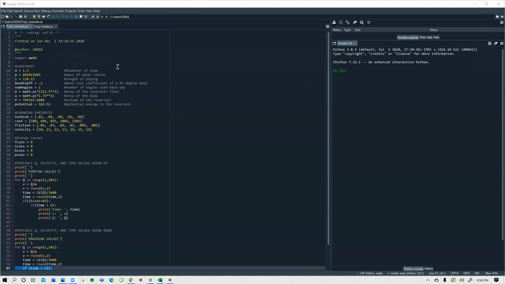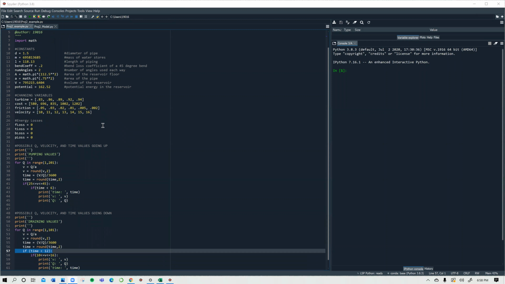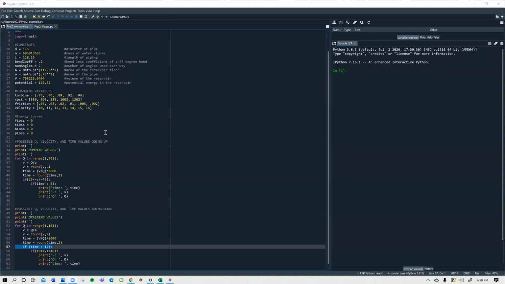Here's the first code. At the top, we have all of the constants, and then we have all of the possible turbine efficiencies with their costs, the friction loss coefficients, and the possible velocity.